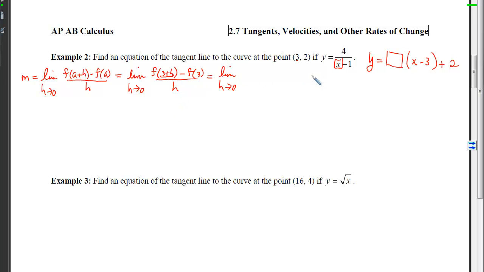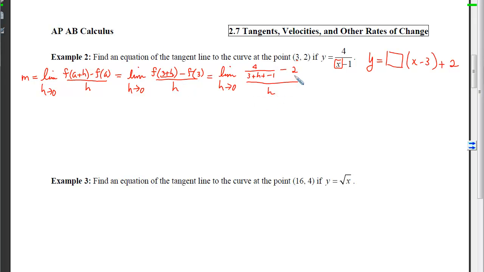So if I plug 3 plus h in for x, I will have 4 over 3 plus h plus negative 1. If I then plug in 3, I'll have 4 over 3 minus 1, or 4 over 2, which is why this y coordinate here was 2. And then over the bottom, I'm going to still have my h.